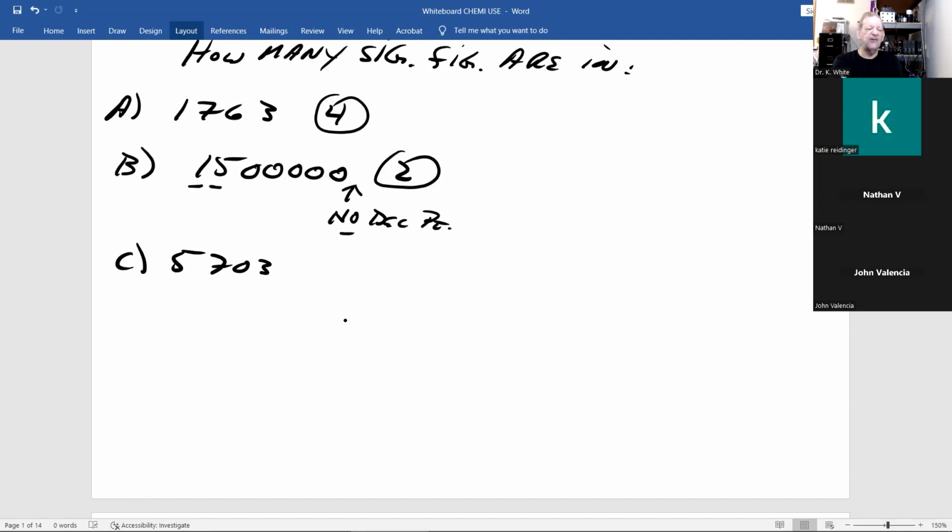And if we look at this one, how many significant figures? Well, the non-zero numbers are significant. So there are 3 of them. Now this 0 is confined between 2 non-zero numbers. So that's significant. So this would also have 4 significant figures.